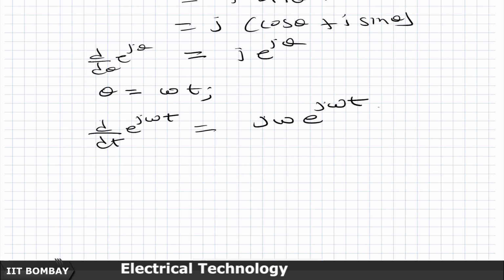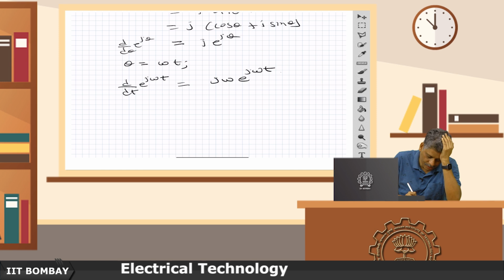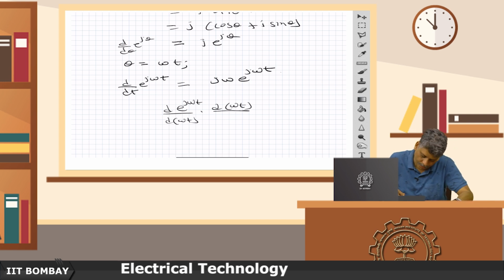That is, by the chain rule, the derivative of e to the power this is e to the power this times d of this by dt.